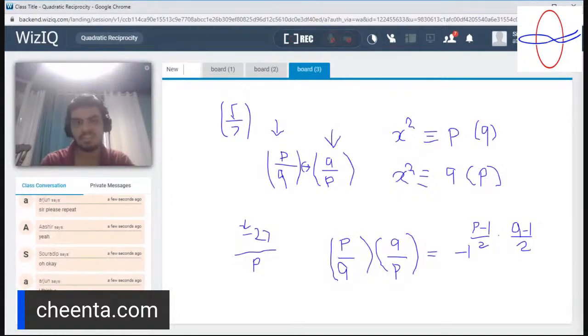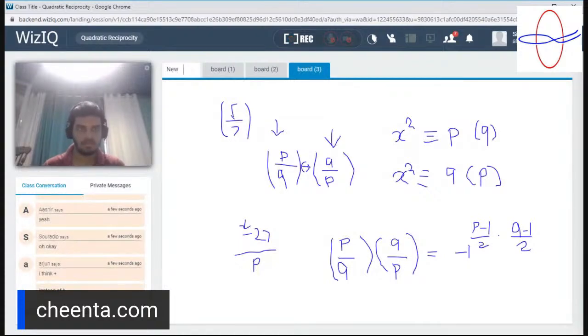Looks eerily similar to the Euler's criterion, right? So basically, since it's minus 1 raised to the value, you just have to see whether it is odd or even, right? Because at the end of the day, that's all that matters. Whether P minus 1 over 2 and Q minus 1 over 2 are odd or even.